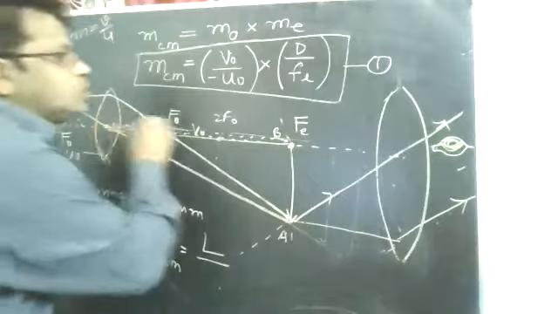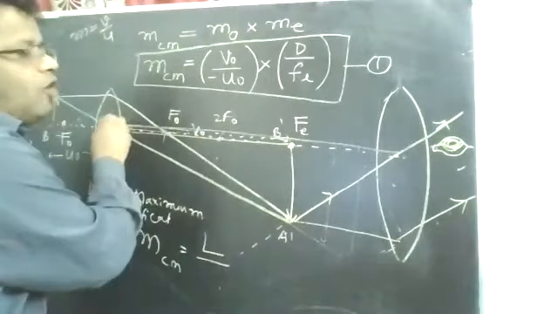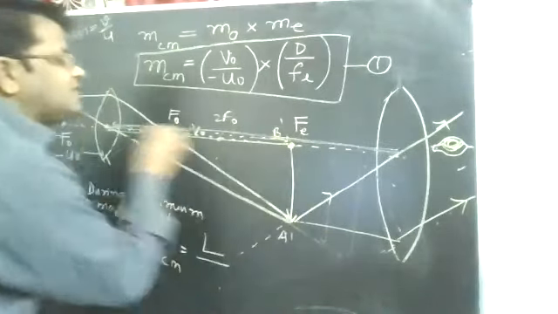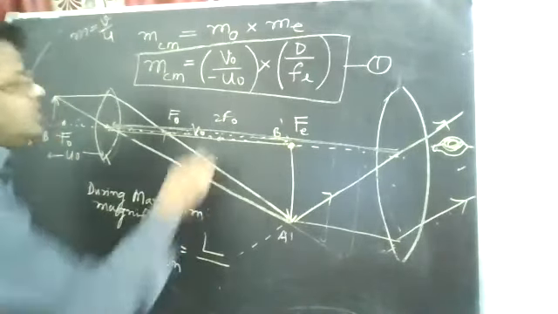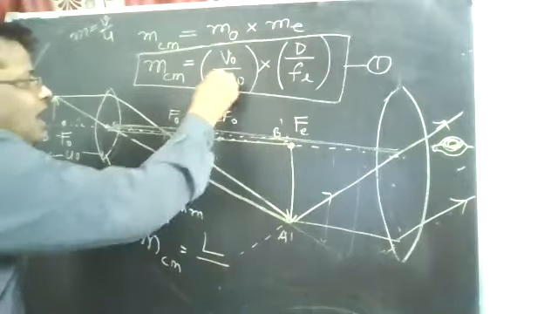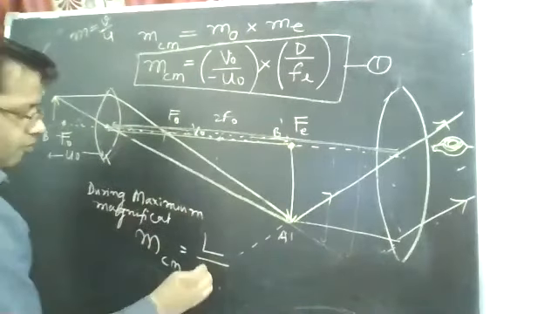That's why the distance between the objective lens and the eyepiece lens is treated as the length L, the image distance, and this distance is treated as FO.